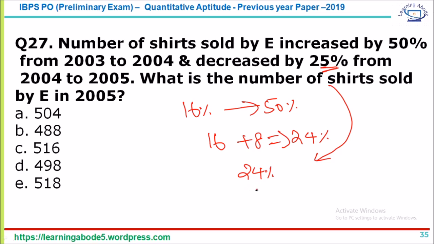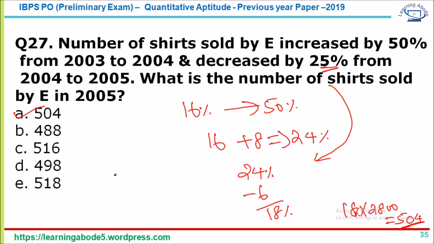A 25% of 24 is 6, that is 1/4 of 24 is 6. So that is 18%. So it is effectively 18% of 2800. We just calculated 18% of 2800 for another question, which is 504. That's answer option A.